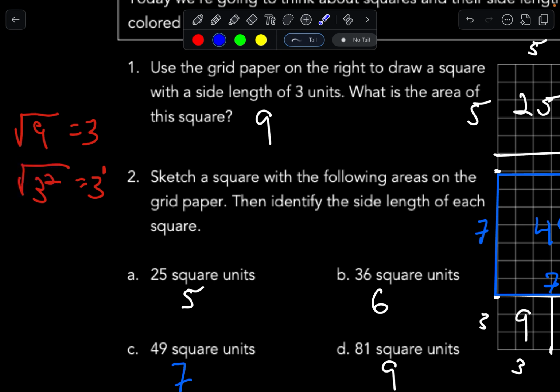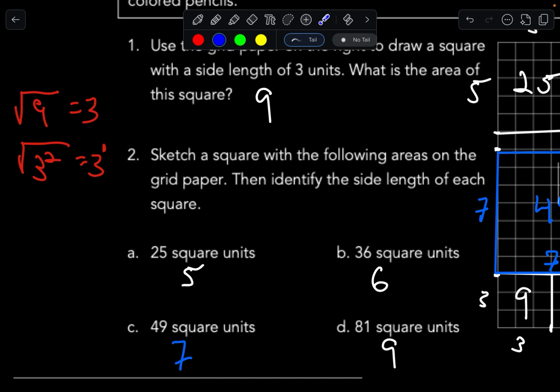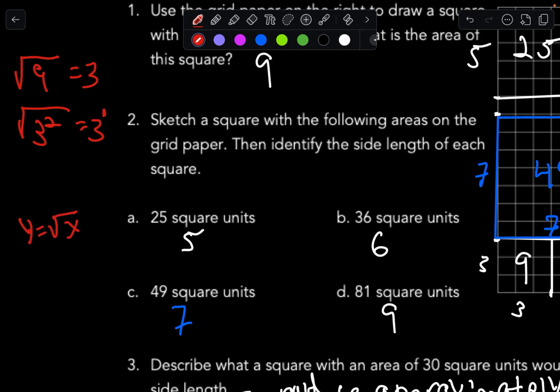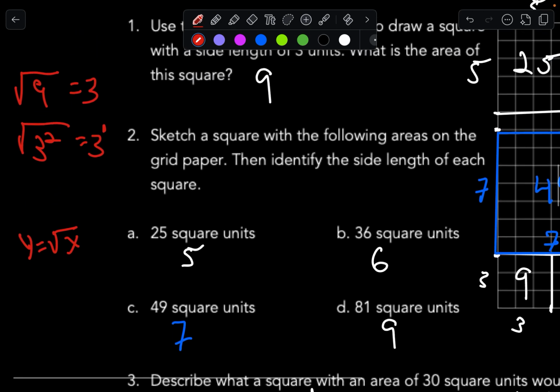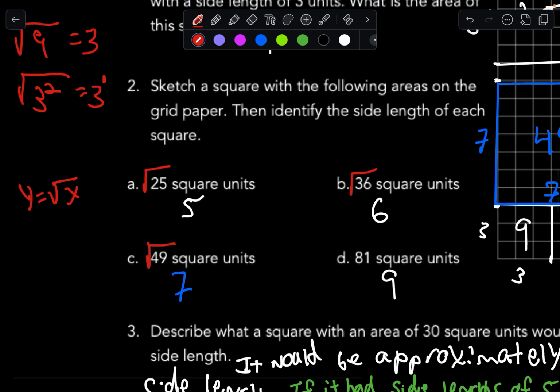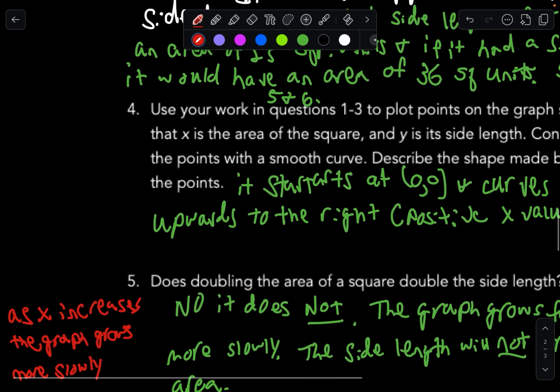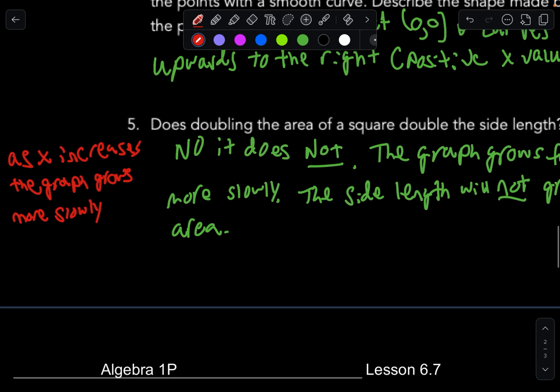They are inverses. Square roots and squaring are inverses. So this is y equals the square root of x. And what we were doing was taking the square root of each area when we were drawing these squares to find the side length. And there you go.